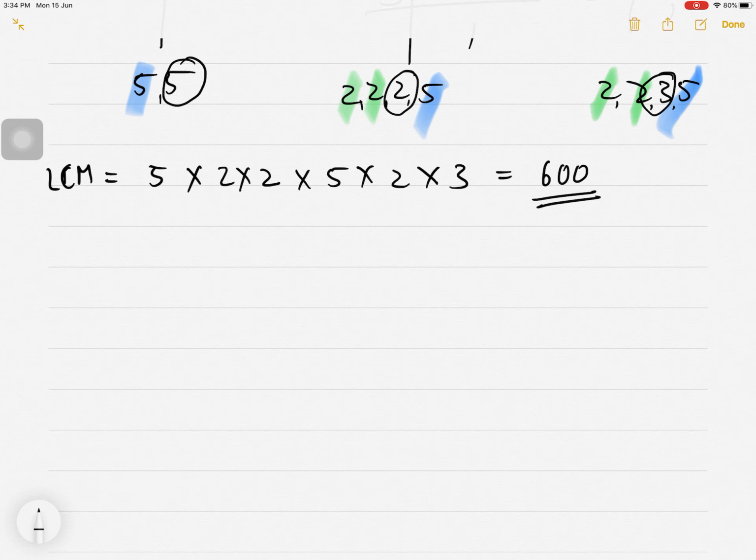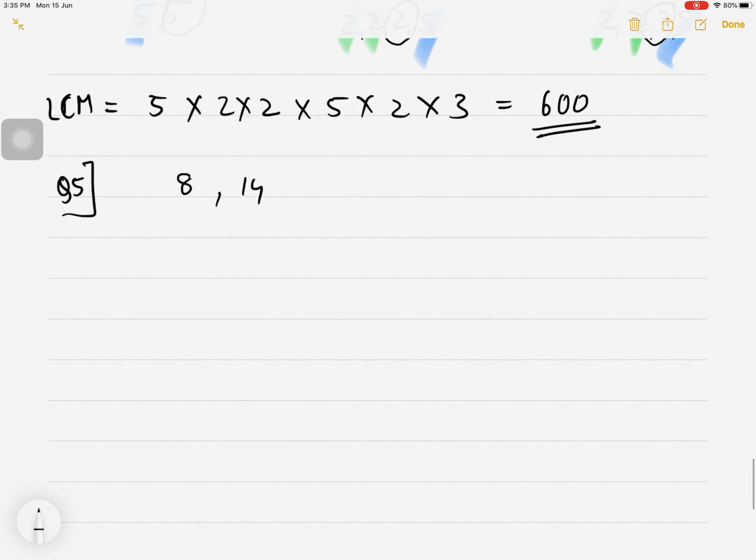You can calculate LCM using the division method also. Take down the next question. We will solve the next question using the division method. Find the LCM of 8 and 14. While calculating in the division method, you have to calculate factors together.